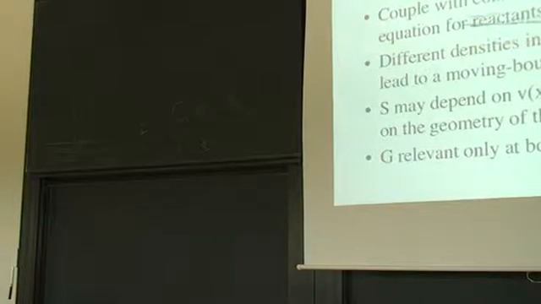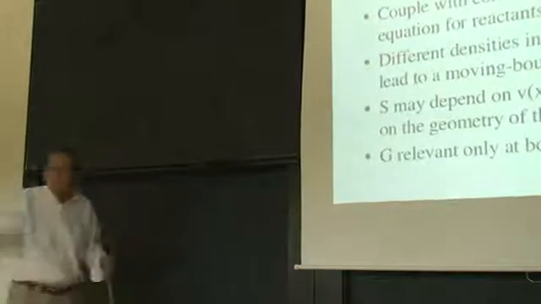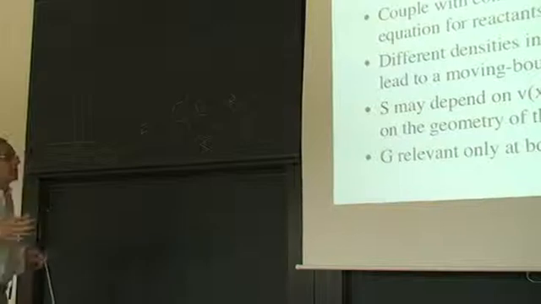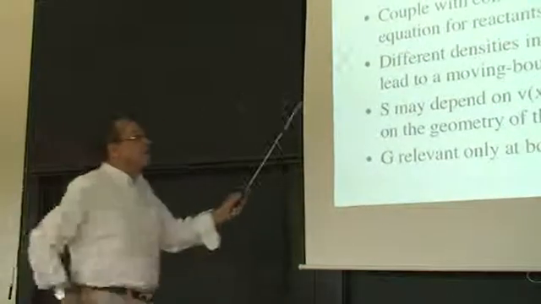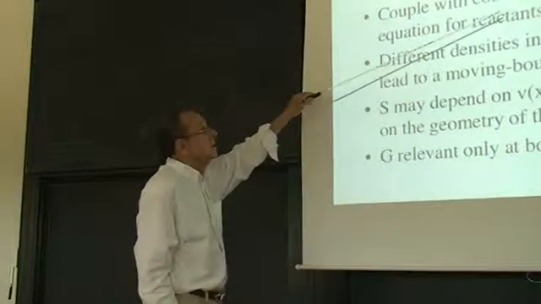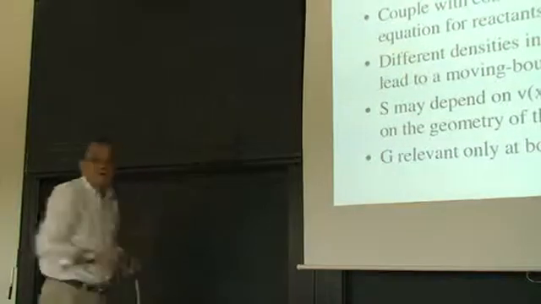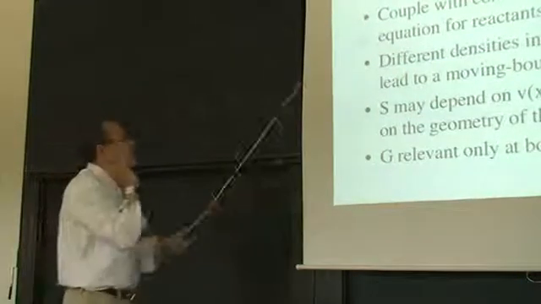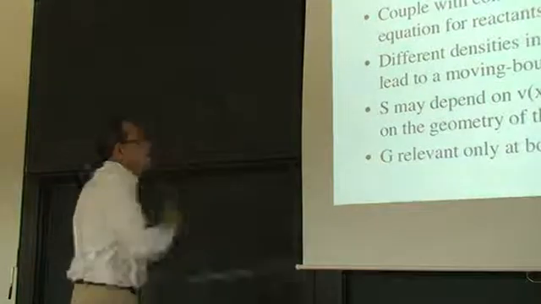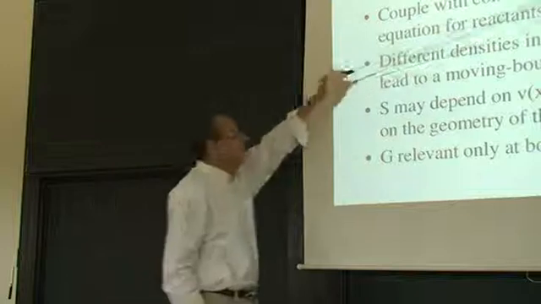If you're going to use it, you would couple it with the fact that the density is approximately constant in the fresh mixture, and approximately constant in the burnt mixture. So, at least for low enough Mach numbers, you can use constant density Navier-Stokes equations in the reactant mixture, and in the product mixture, and then add that to the G equation, and that gives you a nice simple formulation.